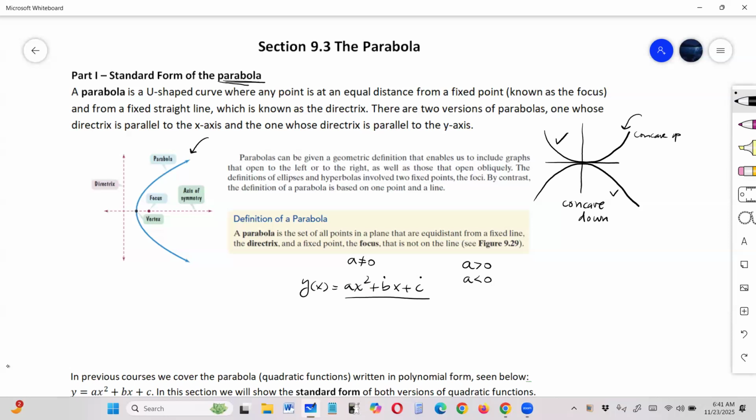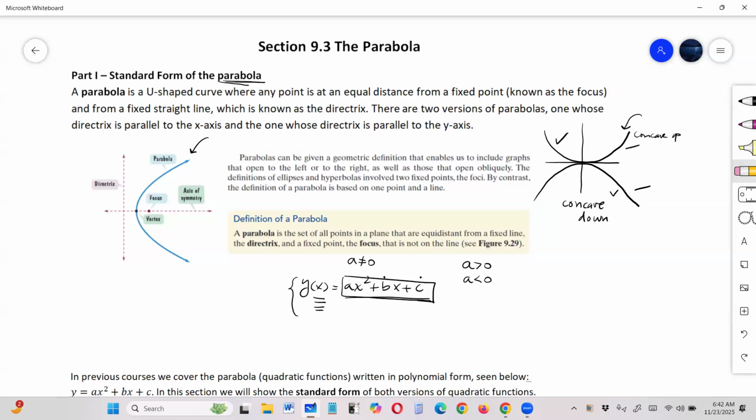Okay, so the way that we have the parabola in this previous algebra course, it's in a format where the parabola is really a function, right? That's why it can open either up or down.